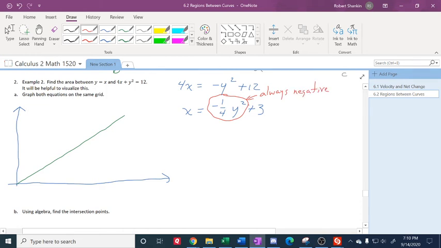Because y squared is always positive, so when you multiply that by negative 1/4, it's always negative or 0.